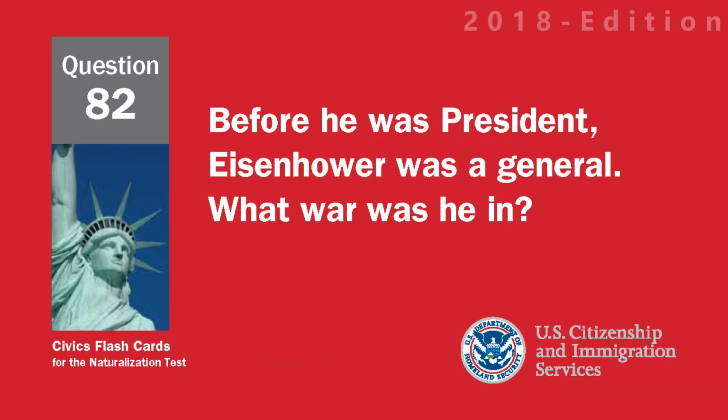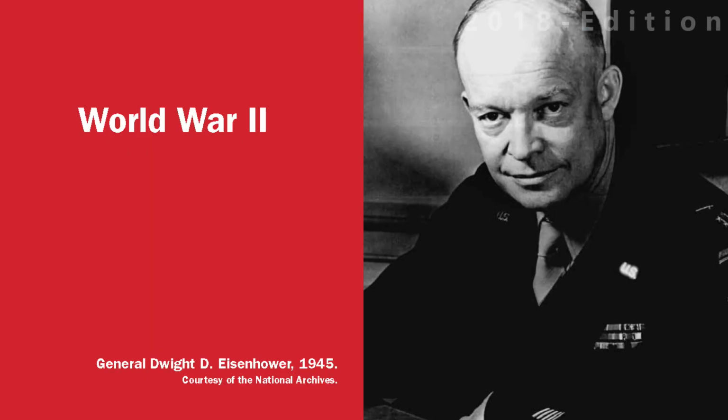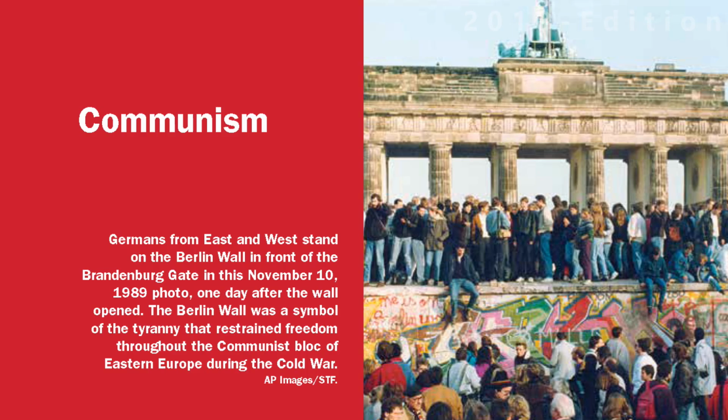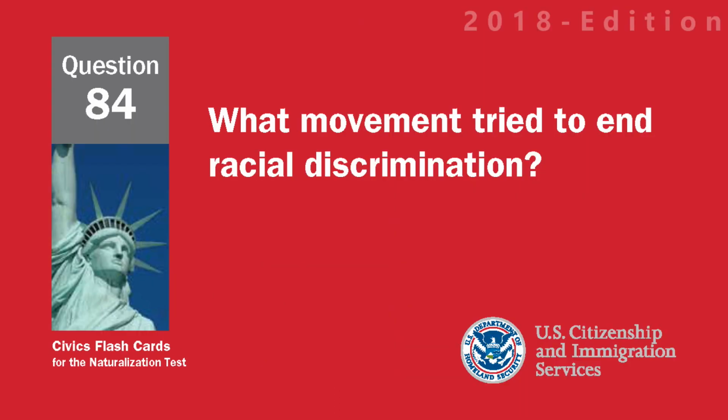Before he was president, Eisenhower was a general. What war was he in? World War II. During the Cold War, what was the main concern of the United States? Communism. What movement tried to end racial discrimination?